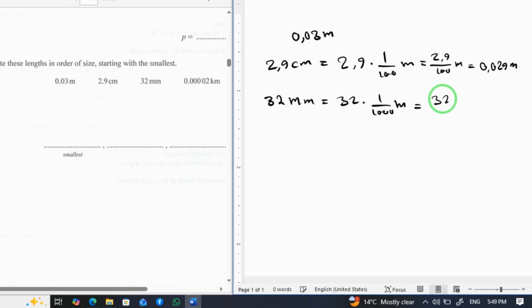So here 32 over 1000 meter. Then we convert to decimal. We separate from right to left 3 decimal places, 0.032 meter.